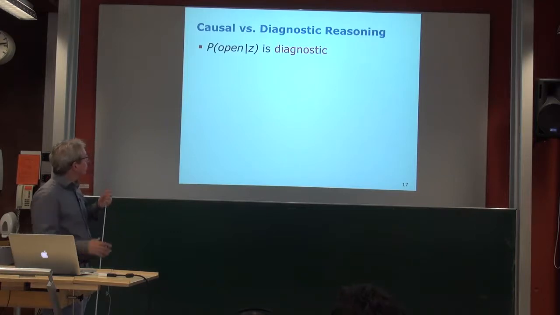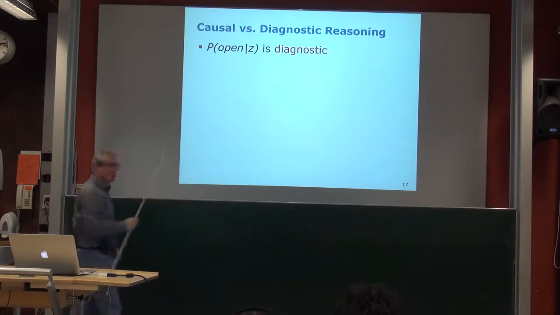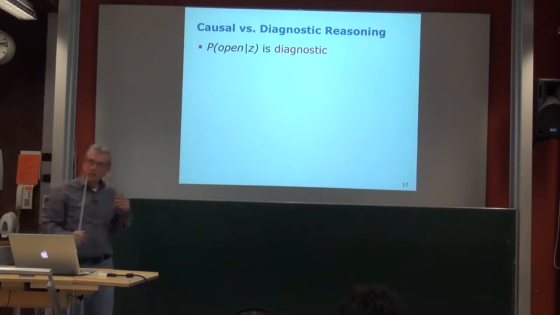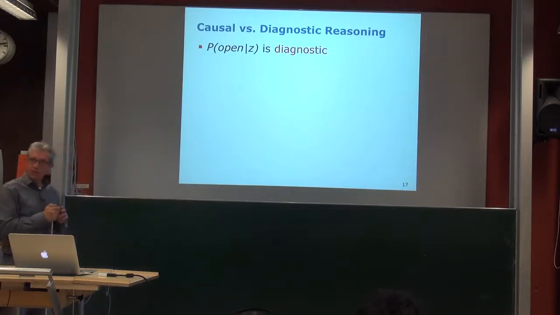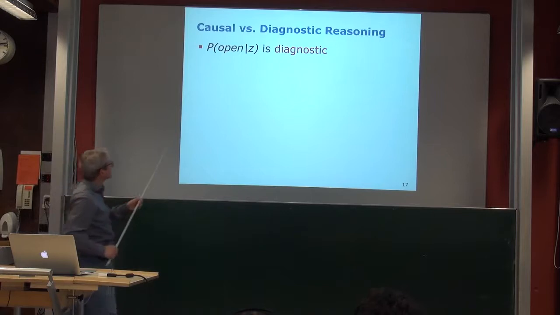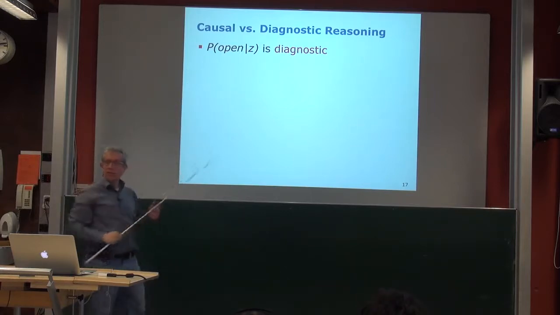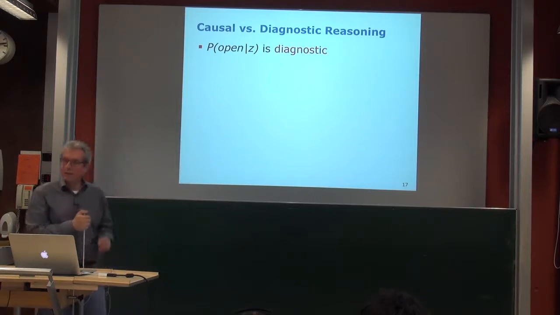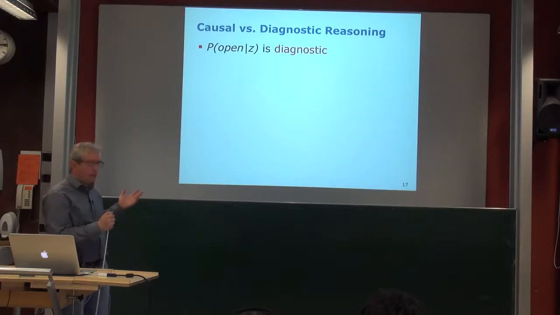Let's first look at this problem. In this robot, we are typically interested in the probability that the door is open given the observation. The problem with this term is that it probably depends on the room the robot is standing in front of.